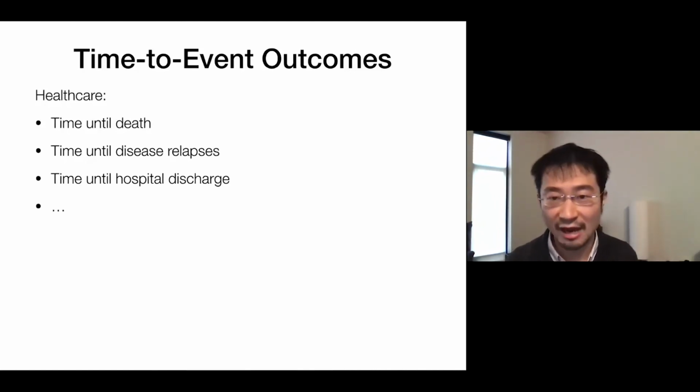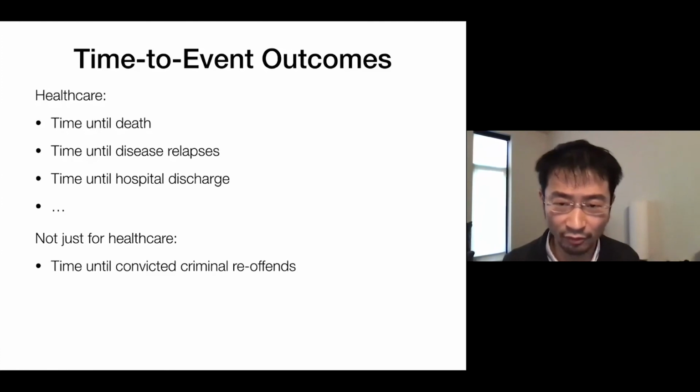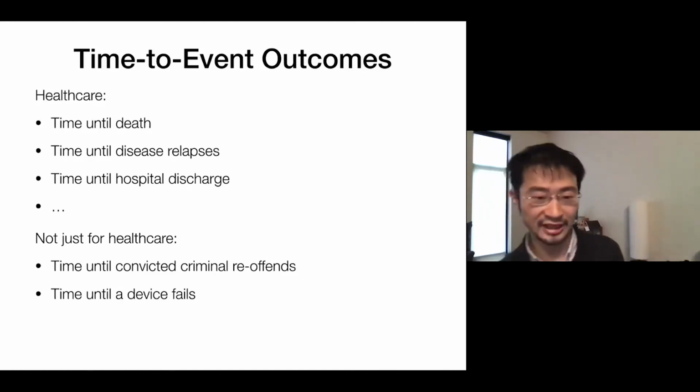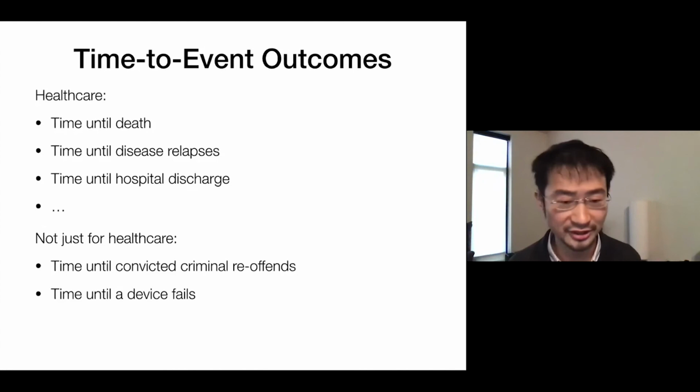Predicting time-to-event outcomes also appears in other settings as well. So, for example, for recidivism, if you want to look at when a convicted criminal is likely to reoffend, this is when people look at predicting a time-to-event outcome. Another example is in manufacturing, things like looking at when a device will fail, such as time until a hard drive will fail.